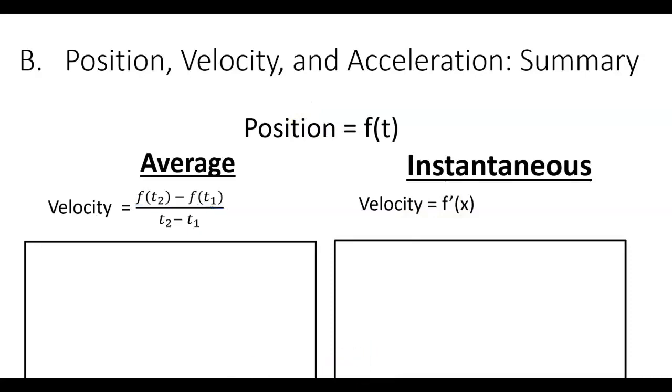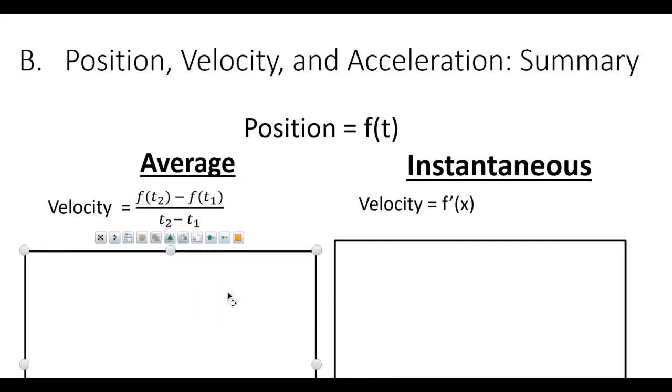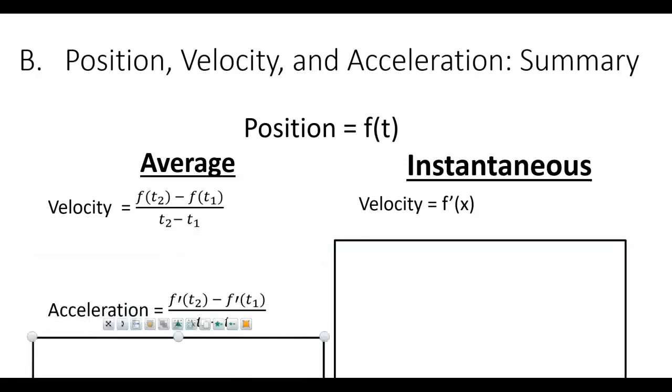Now, what about acceleration, though? Acceleration, you could find average acceleration in much the same way that I just did on the last slide. You could take your second velocity and subtract from it your first velocity, that'll tell you how much your velocity changes, and you divide it by the total time.